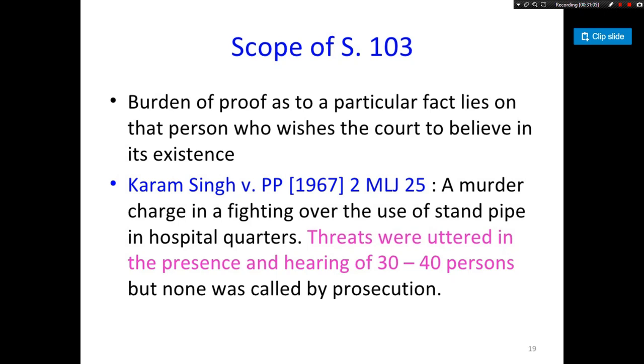Karma Singh v PP [1967] 2 MLJ 25. A murder charge arising from a fight over the use of a standpipe in a hospital. Threats were uttered in the presence and hearing of 30 to 40 persons, but none was called as a witness.